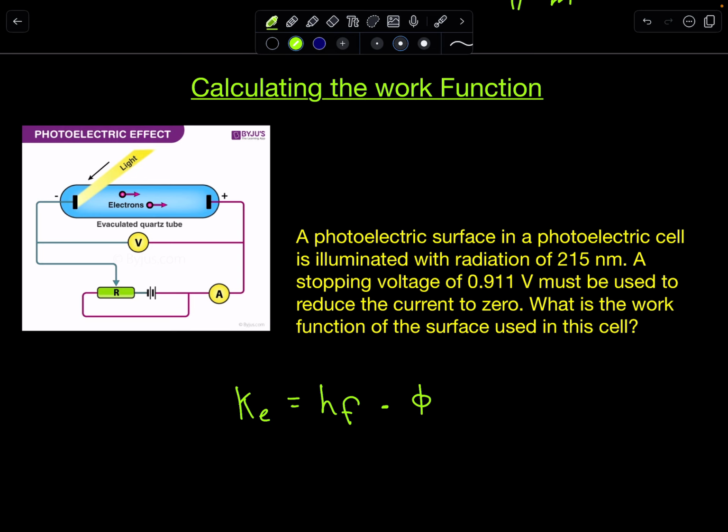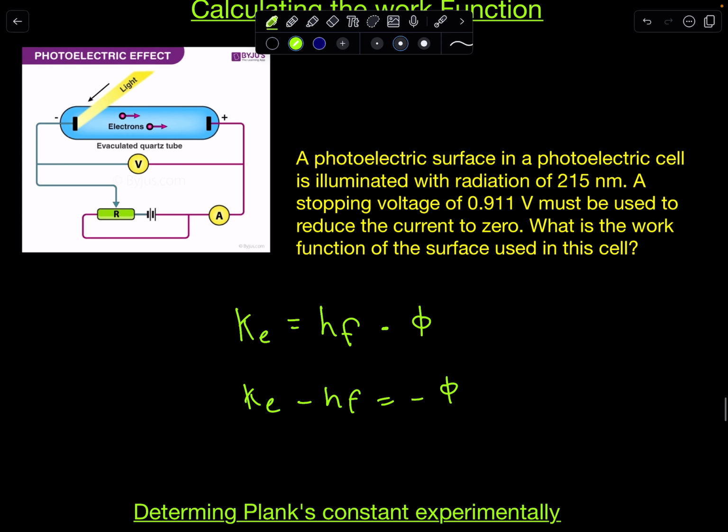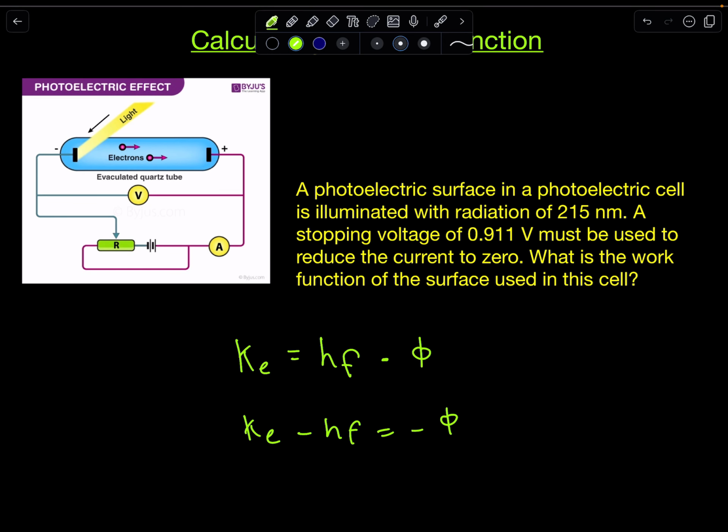If we're trying to calculate that work function, I can rearrange the equation: kinetic energy minus hf is equal to the negative work function. And what would that kinetic energy of the electron be? That would be the stopping voltage multiplied by the charge of an electron, minus Planck's constant times the speed of light over the wavelength, and that's going to equal the negative work function.